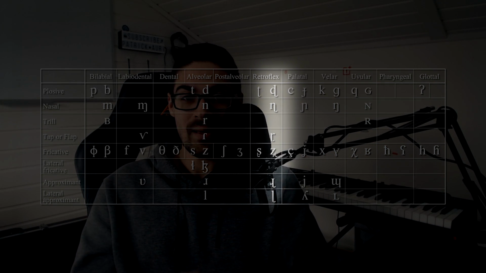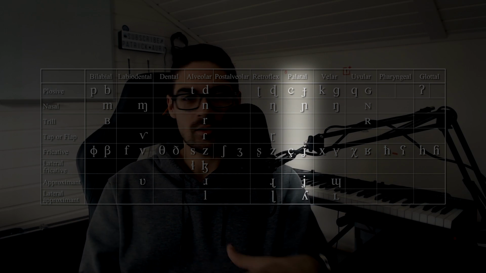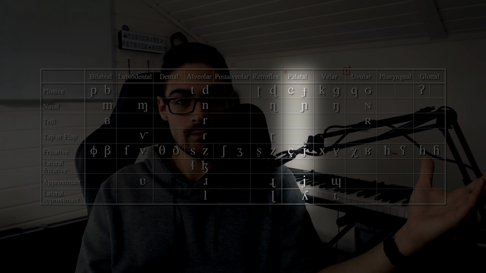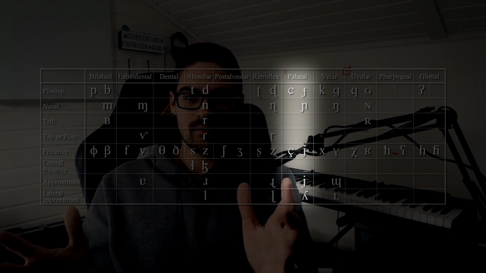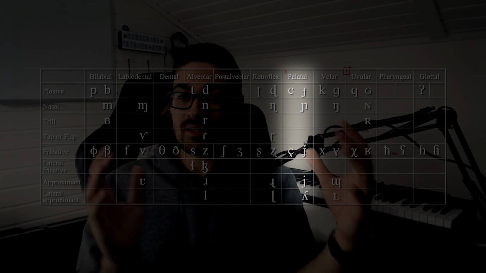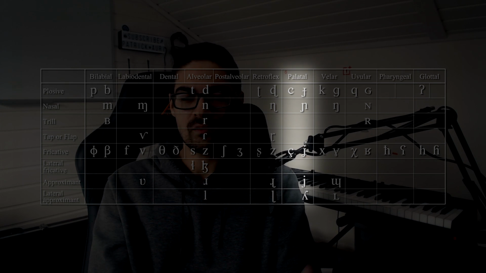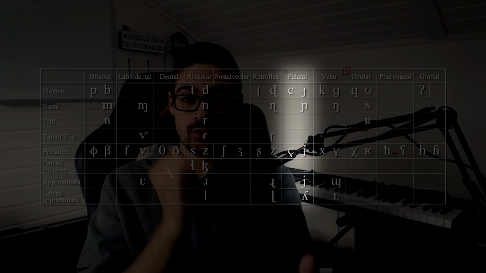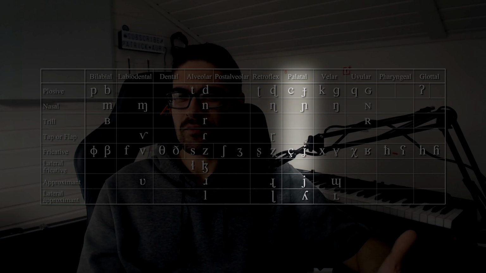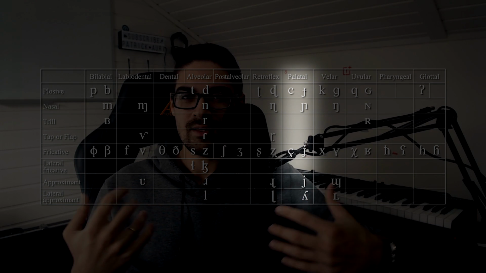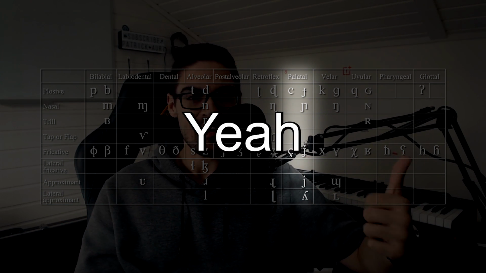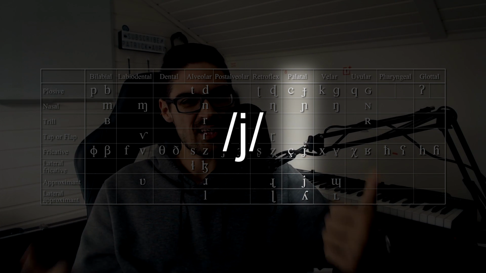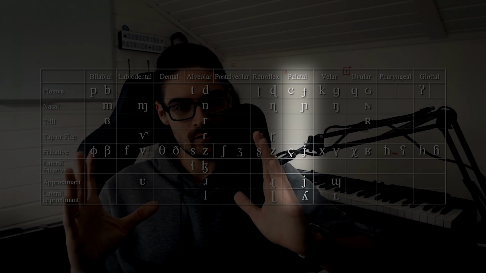After this, we've got palatal consonants, and palatalization is a huge topic that we're going to learn a lot about later. But for now, palatal consonants, you can think of them sort of as you take the alveolar that you already know how to pronounce, but then you move the middle part of your tongue up to touch your palate. A simpler way of thinking of this is like you put a yeah, like imagine yeah, yes. You put kind of a yeah at the end, and you pronounce it very quick.